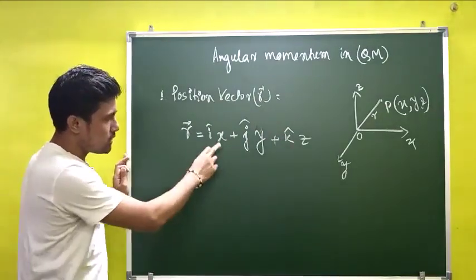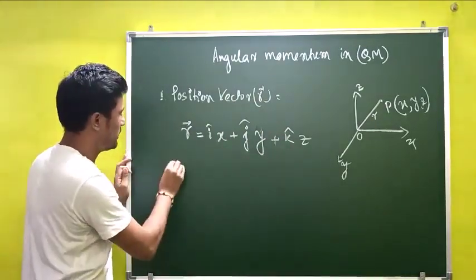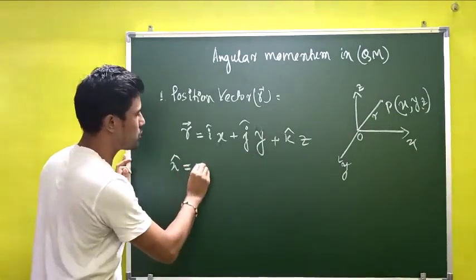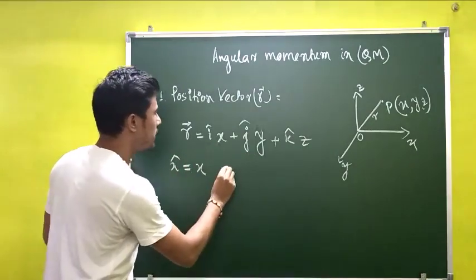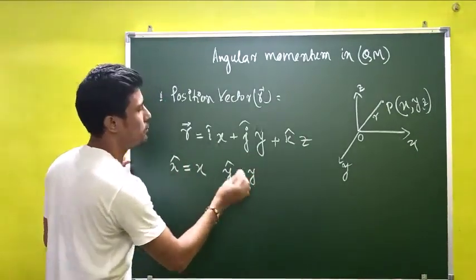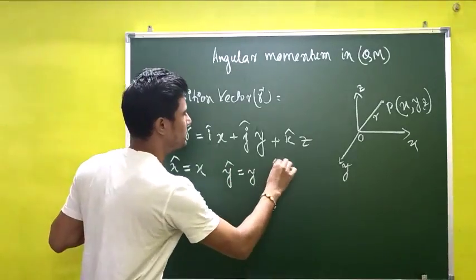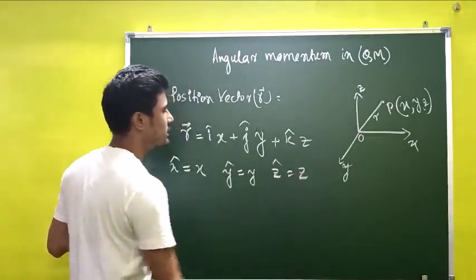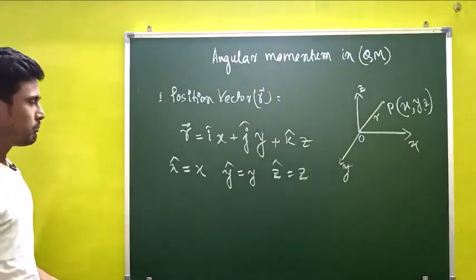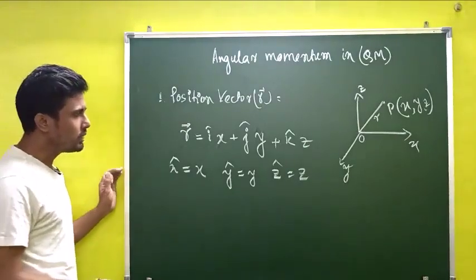The operators corresponding to these are represented by the x operator for the x coordinate, the y operator for the y-axis, and the z operator for z. These are some postulates of quantum mechanics we discussed in the very beginning.